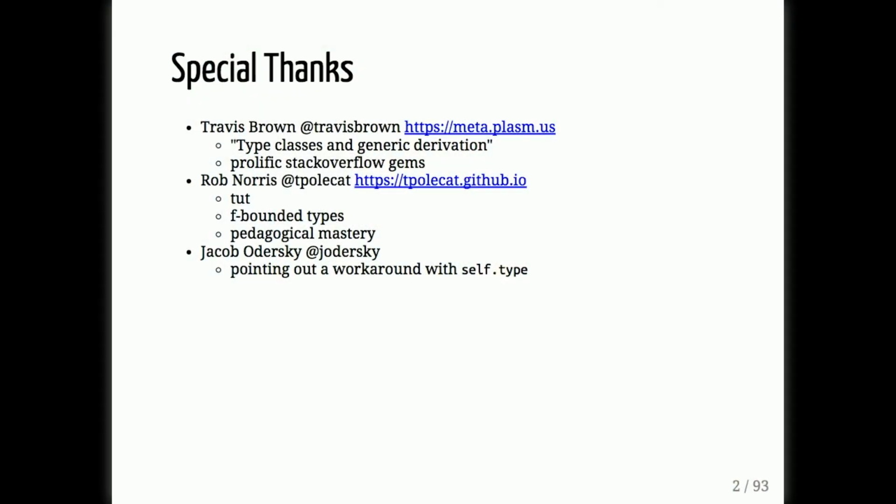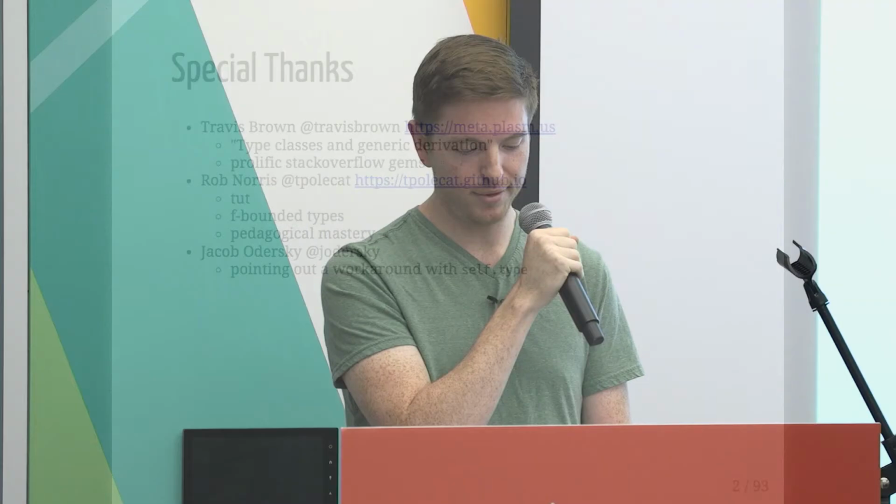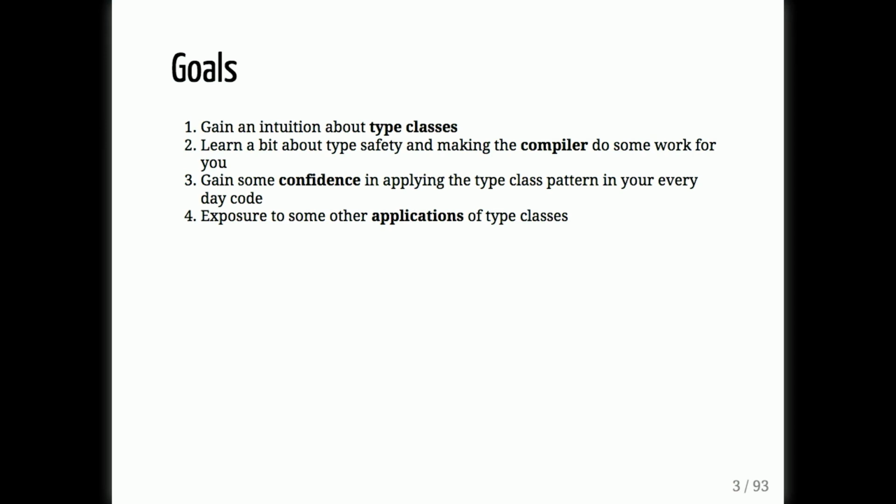And I gave this talk earlier at a Scala meetup where Jakob pointed out a flaw, and hopefully I fixed that. So let's go over the goals here. This pattern is well known in the functional programming Scala community. It comes from Haskell. Basically it is there to address a lot of the complexities around generics and replace things like inheritance.